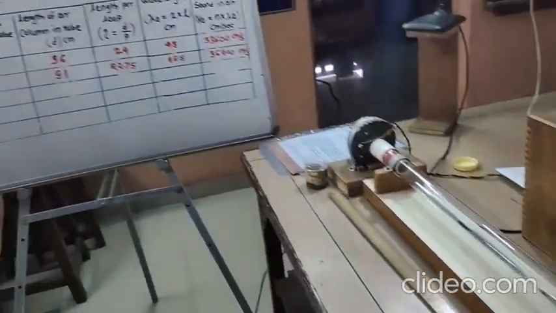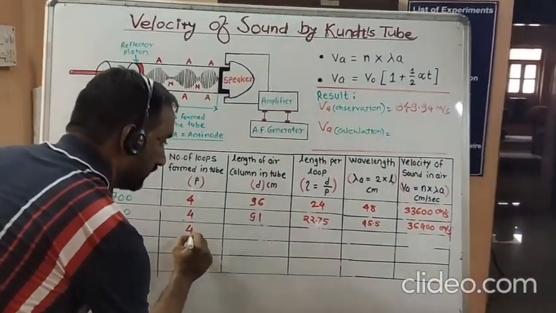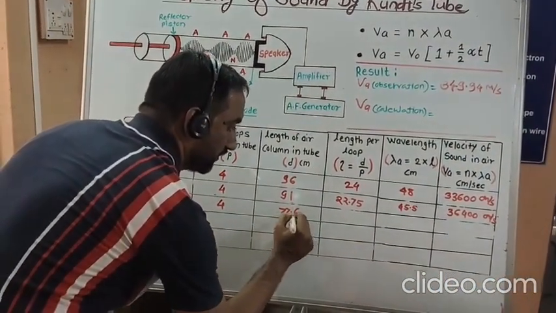So I am writing here the number of loops is 4, and the distance is 77.6 centimeter.